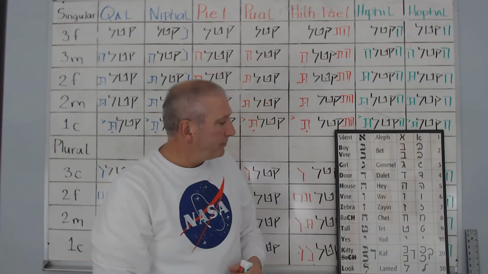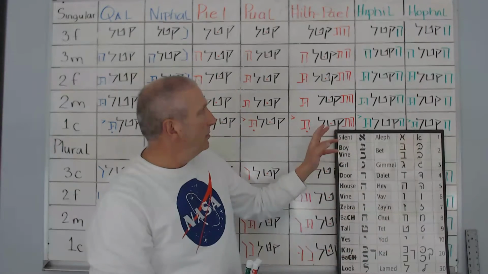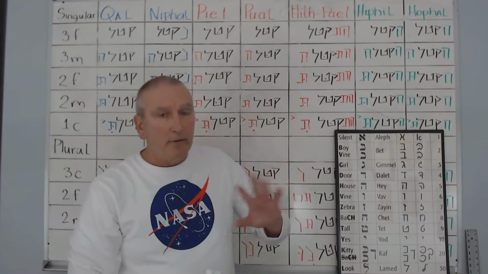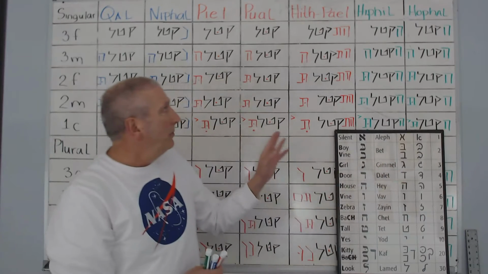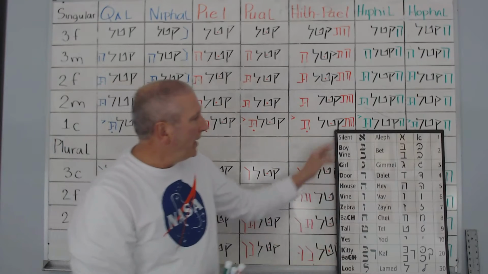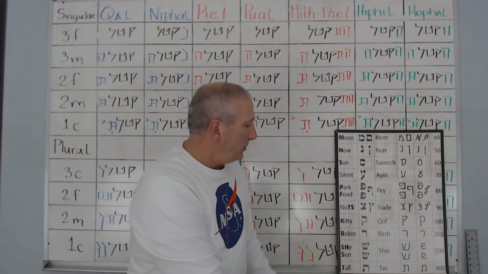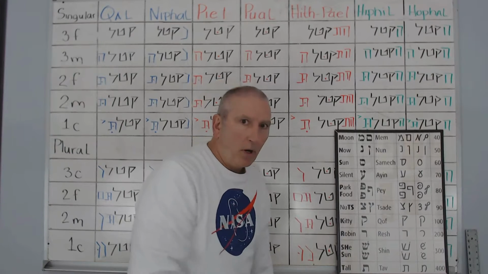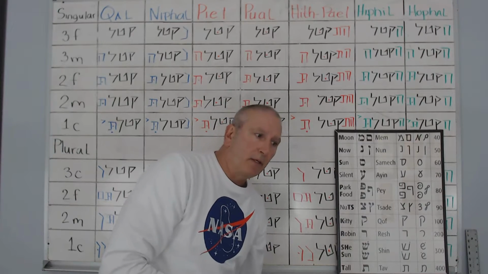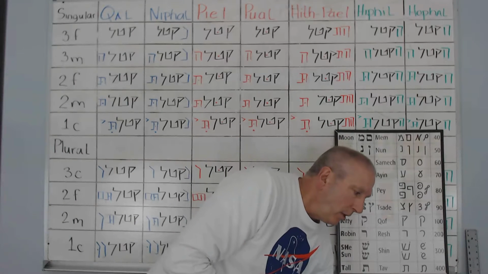Tet is usually, and I never say never in Hebrew, part of the root of a word, where tav can be part of a suffix, and when we get to the imperfect state, you'll notice it's also part of a prefix, so that will help.